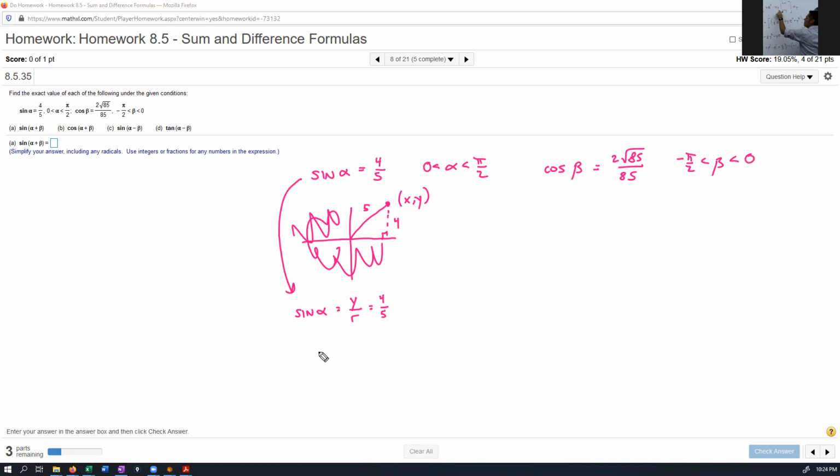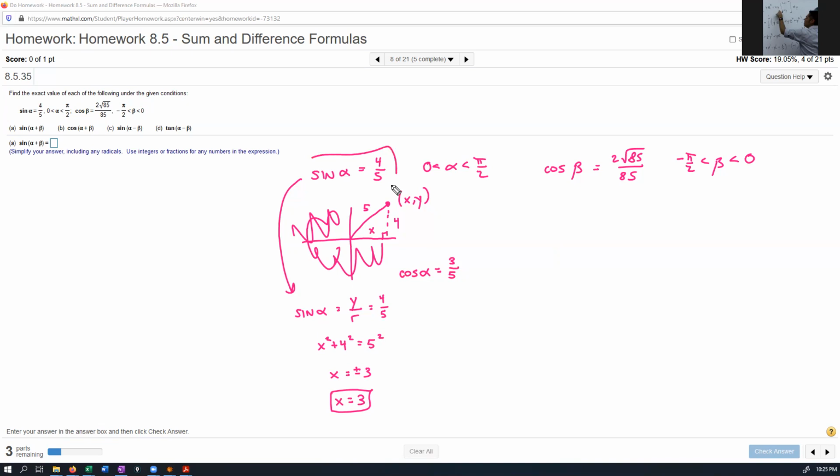And we can say that the x coordinate squared plus the y coordinate squared must equal the radius squared. And if we solve for x, we're going to get plus or minus 3. But we're going to use the positive x because we are in the first quadrant. So that means that cosine of alpha will be the x coordinate 3 over the hypotenuse or the radius 5.